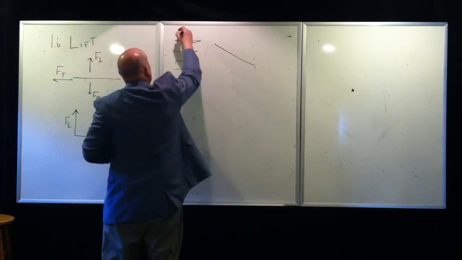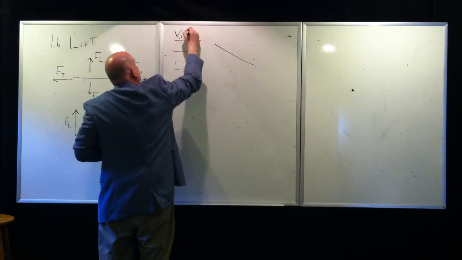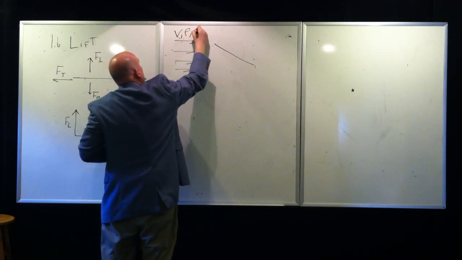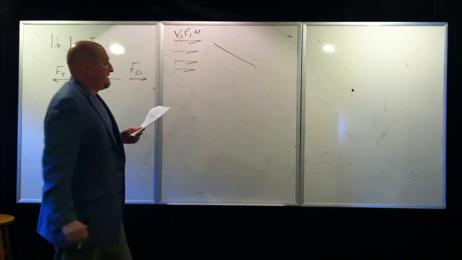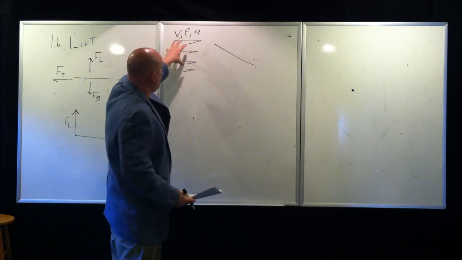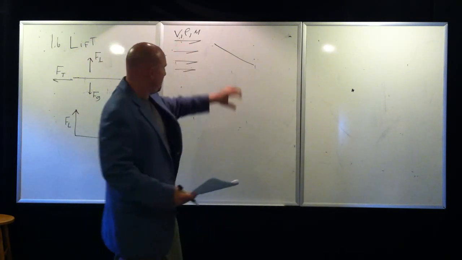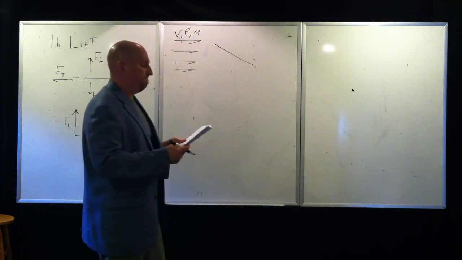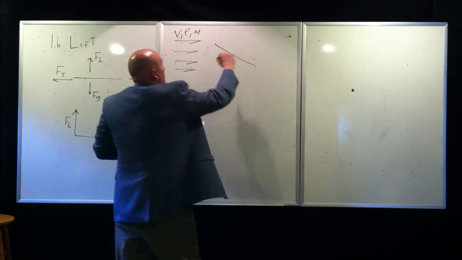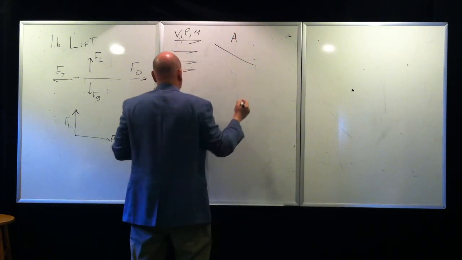So we know from our previous lectures, air has a velocity, has a density, and a viscosity. For what we're going to be doing in class in our experimentation, actually air is going to be moving relative to the flat plate. But the flat plate could move relative to the air. The important parameter on our flat plate is going to be its area.